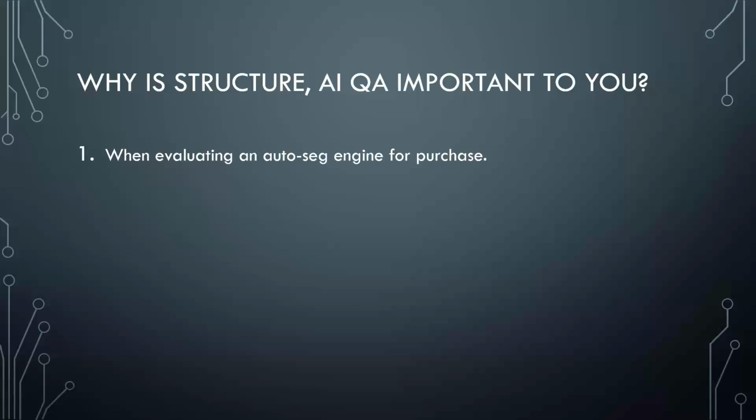But really, over that same period of time, they have improved a lot. Then you have to say, well, which one should I use? And I'm saying that we should think about using Structure AI QA to help you with that evaluation.